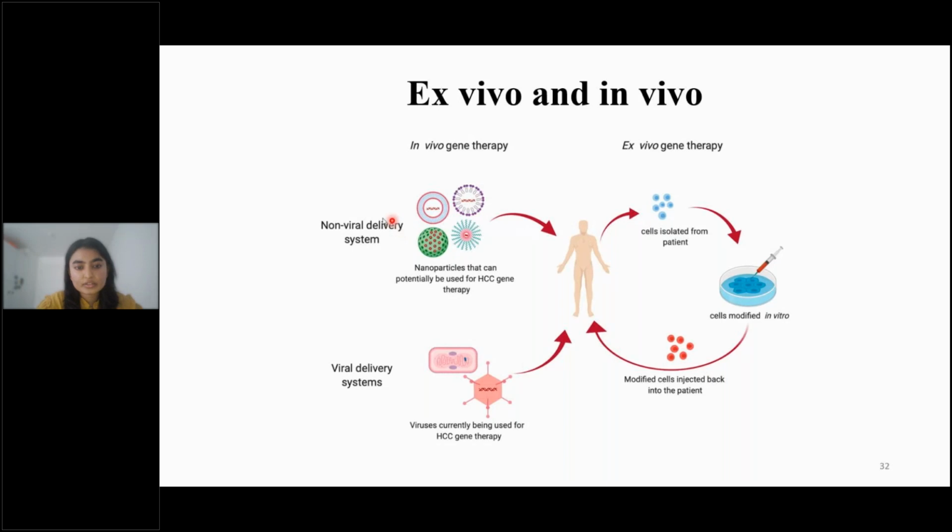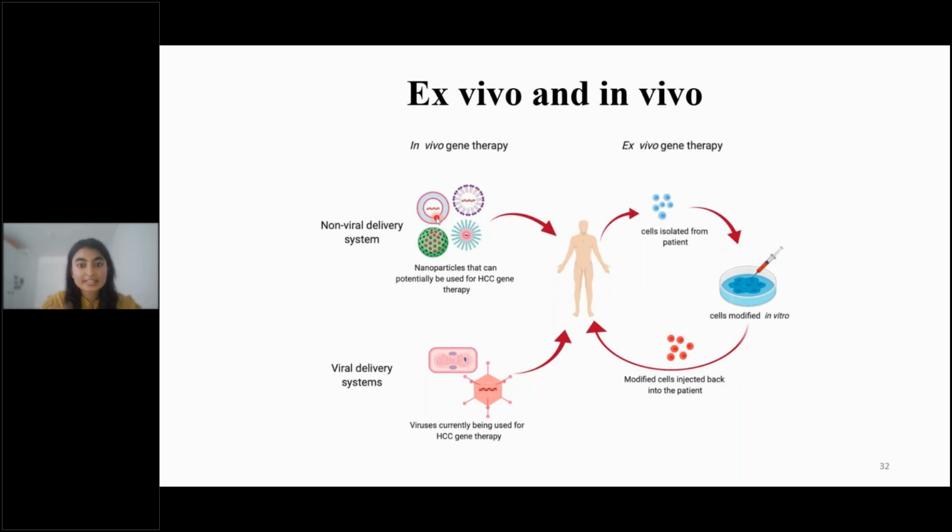We can either use nanoparticles, or there are also I guess lipopolysaccharide or something, I'm not sure, but there are different types of non-viral delivery systems. And second is the viral delivery system, where we put DNA inside actual viruses, and they go and infect the cells of the body, and then they can replace the gene.